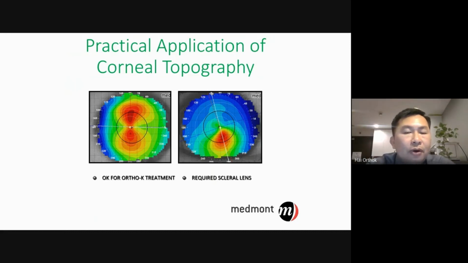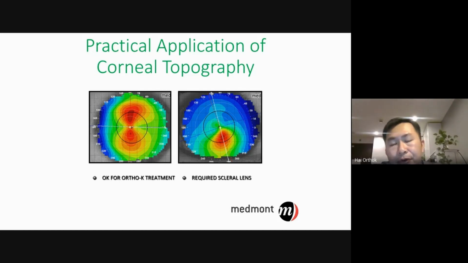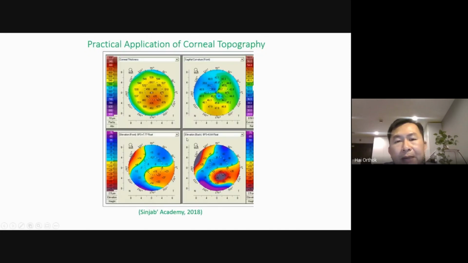And if you have a good enough topographer, it will help you very much to eliminate the contraindications for Ortho-K lenses. So this is good toricity for the Ortho-K. This is keratoconus most likely, and this is a contraindication for Ortho-K treatment. And most likely you need other corneal thickness maps to see the local thinning of the cornea.